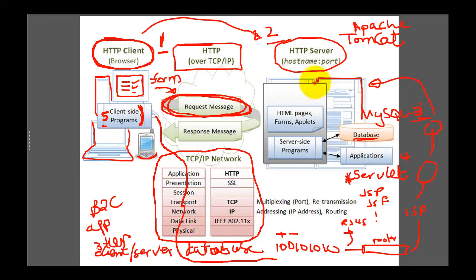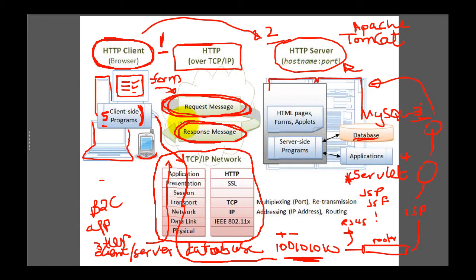At the destination, these packets are sent again through these 7 model layers. Then when they get to the server, which is a software application, it will process the request message, and then bundle together a response message and forward it back to us. Now TCP/IP guarantees these packets will be delivered to their destinations.